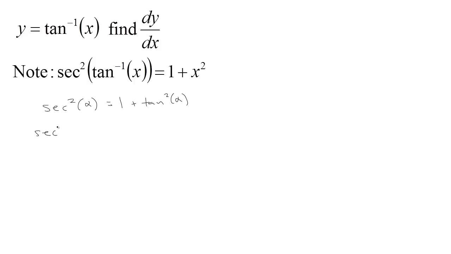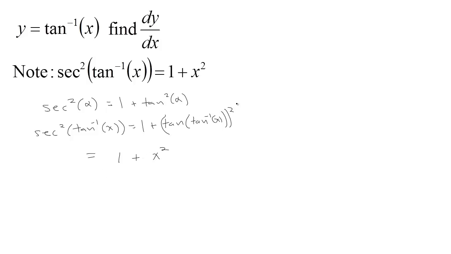So if you give it the arctan, then the secant squared of the arctan is going to be the same thing as 1 plus the tangent squared of the arctan. Okay, let's see. Tangent squared means tangent times itself. Of course, the tangent of the arctan is the angle whose tangent is x, so that should be 1 plus x all squared because it was tangent squared.